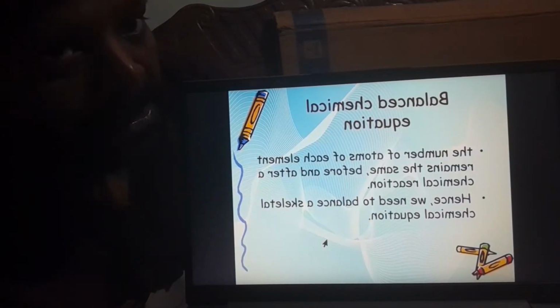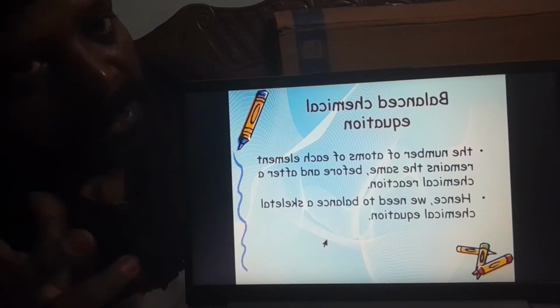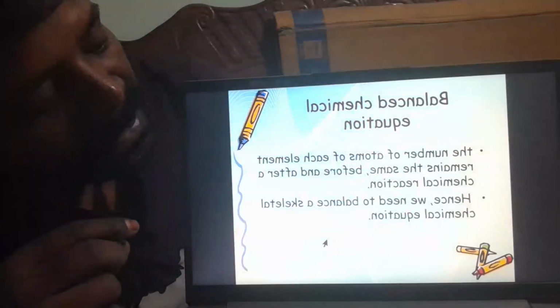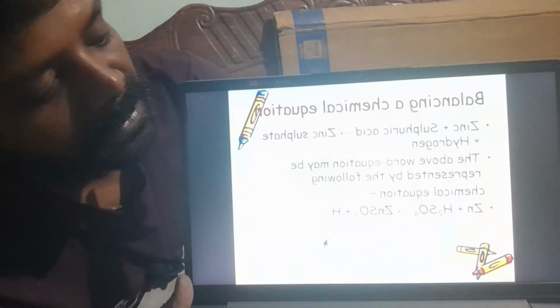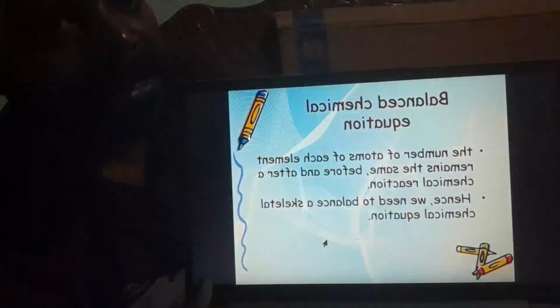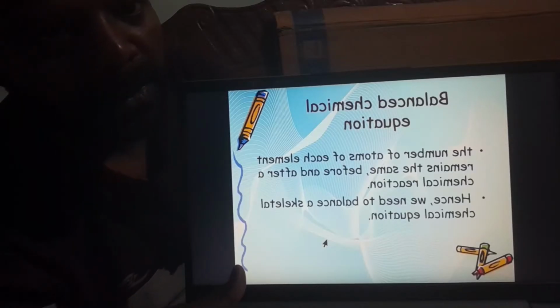The number of elements must be balanced, equal. Hence, we need to balance the skeletal chemical equation. So this part we will see tomorrow, how to balance the chemical equation.